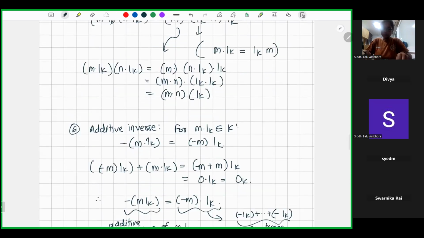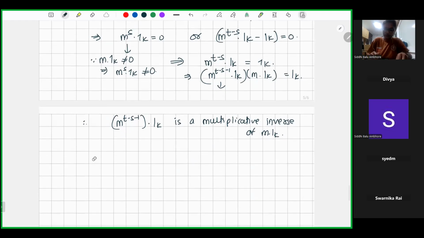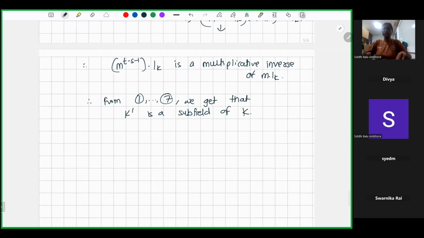Now, this is what we had to prove. So from 1 to 7, whatever we proved, we get that K dash is a subfield of K. Okay, and that's it.